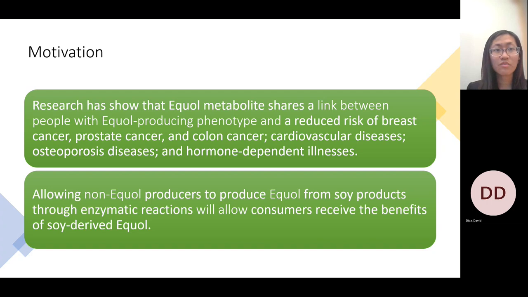Research has shown that the equol metabolite shares a link between people with an equol-producing phenotype and reduced risk of certain cancers and illnesses and diseases alike, such as breast cancer, prostate cancer, and colon cancer, cardiovascular diseases, osteoporosis, and hormone-dependent illnesses as well. Allowing non-equol producers to produce equol from soy products through enzymatic reactions will allow consumers to receive the benefits of soy-derived equol.